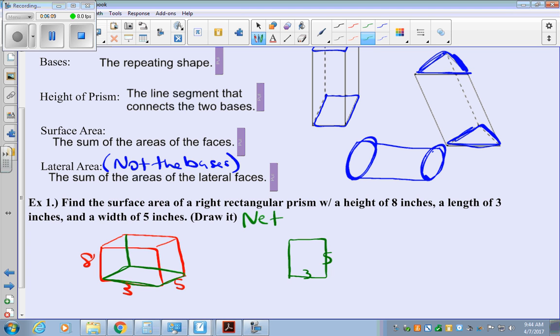And then on the right hand side of my 3 by 5 is going to be this rectangle right here. So it is 5 by 8.